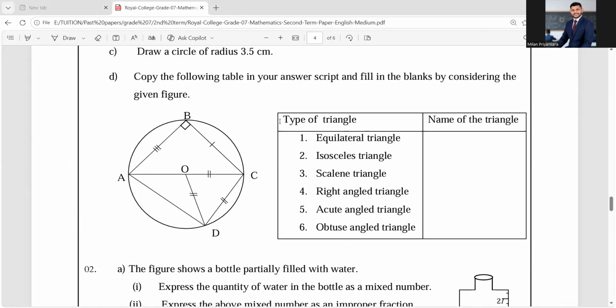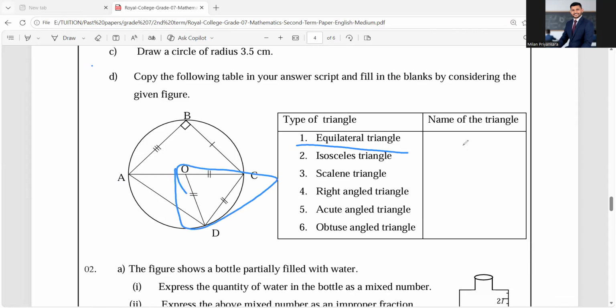Then copy the following table in your script and fill in the blanks by considering the given figures. It is telling you to draw, so you have to draw it. Type of triangle, name of the triangle: equilateral triangle. You can easily see that this is an equilateral triangle.